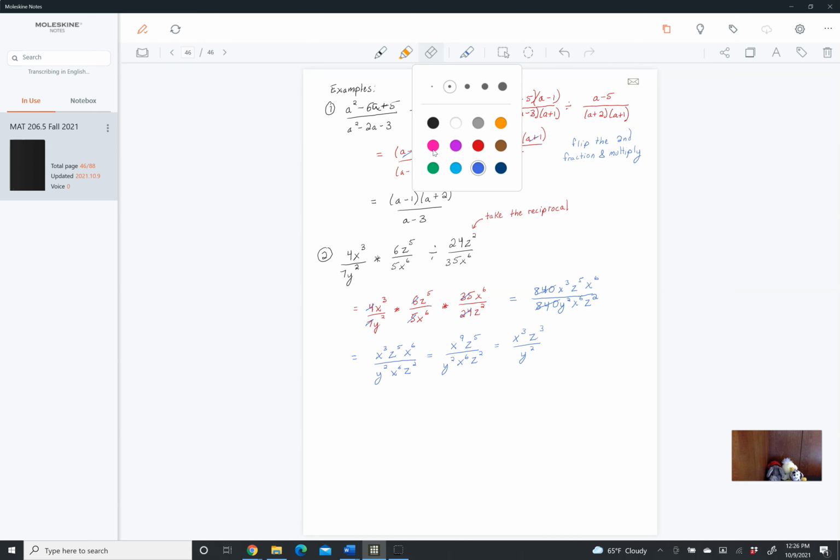Okay. So just a reminder, what we did here is we combine horizontally. And then we combine vertically. This comes from our exponents unit.